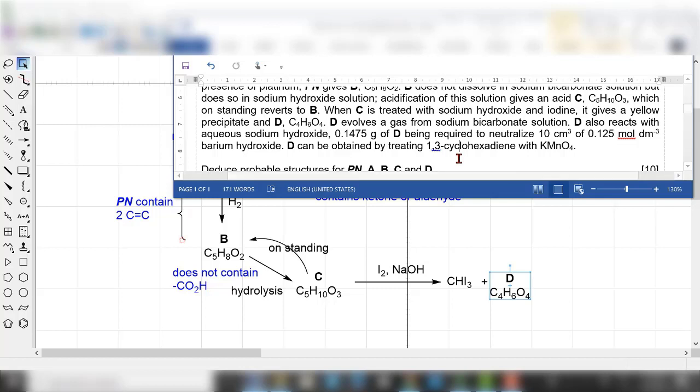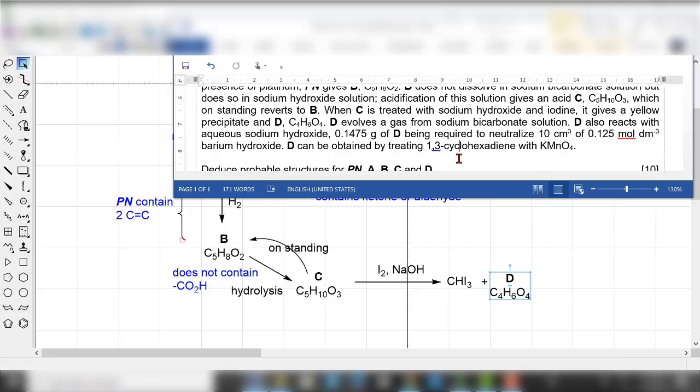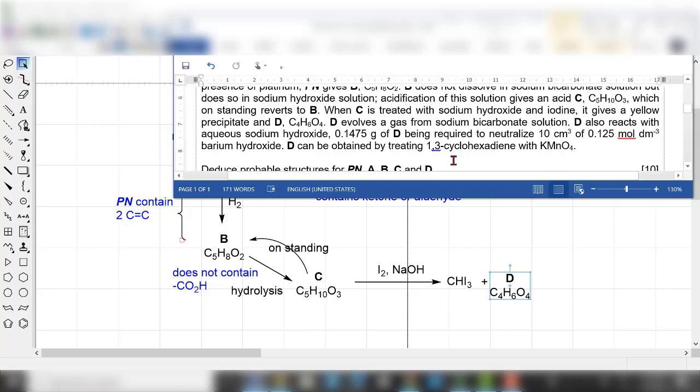Then they mentioned that D also reacts with sodium hydroxide, and they give you the mass of D required to neutralize 10 cubic centimeters of barium hydroxide. This is basically asking you to perform a stoichiometric calculation, and you realize that the stoichiometric ratio between D and barium hydroxide is actually 1:1, because barium hydroxide is a diacidic base. Remember this, don't be tricked. But D can be obtained by treating 1,3-hexyl cyclohexadiene with KMnO4.